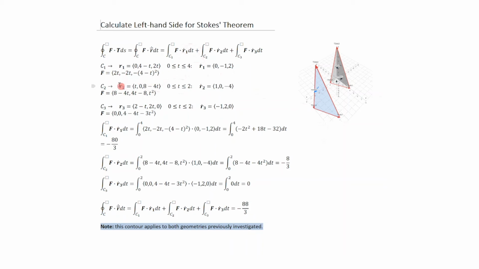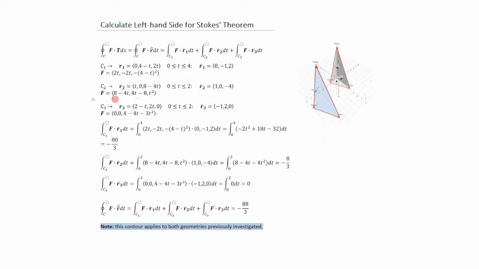You can do it also now for the position vector R2, which is going from here to here. If you go through that, you can show for yourself that the position vector takes on this form. t is ranging from 0 to 2. And so as you go from 0 to 2, you're traversing this line here. And then you need R2 dot, which would be just taking the derivative of this. And then you're able to substitute in here.